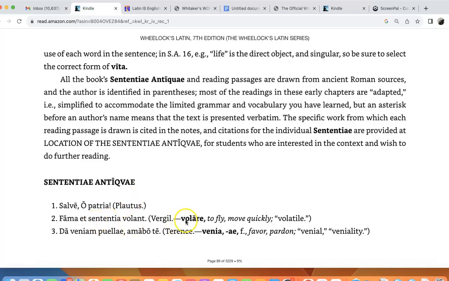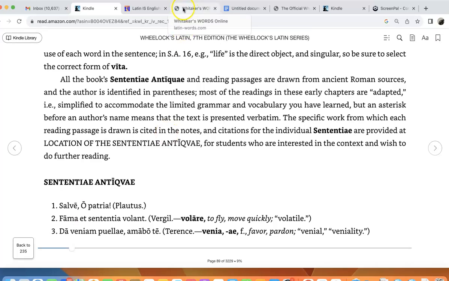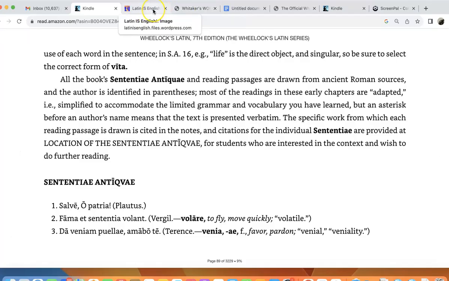So here, it can mean fly or to move quickly. We get the word volatile from that. So fama can mean fame, but can also mean rumor. This is a little bit hard to translate because Virgil was a poet.